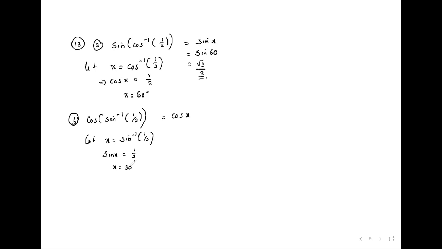We deal with the 30, then take cos 30. Cos 30 is root 3 over 2. I'm surprised we're getting the same value. One is sine 60, the other is cos 30, but the values are the same, and we're okay with that.